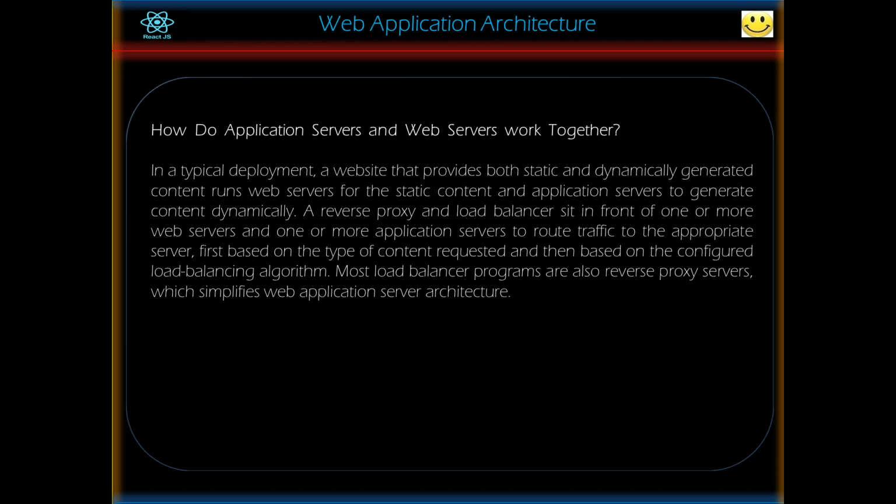A reverse proxy and load balancer sit in front of one or more web servers and one or more application servers to route the traffic to the appropriate server, first based on the type of content requested and then based on the configured load balancing algorithm. Most load balancer programs are also reverse proxy servers, which simplifies web application server architecture.